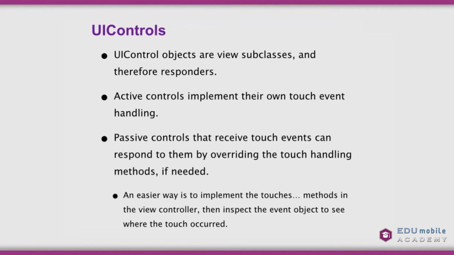But there's an easier way to do this. An easier way is to implement the touchesBegan, touchesMoved, touchesEnded methods in the view controller, and then look at the event object that comes out of those methods to see where the touch occurred. If it occurred on a particular label that we're interested in, then we can do something within that method. Again, we'll see this used in the demo.